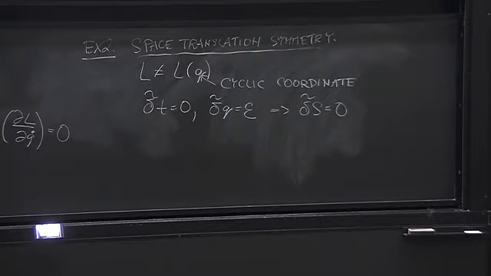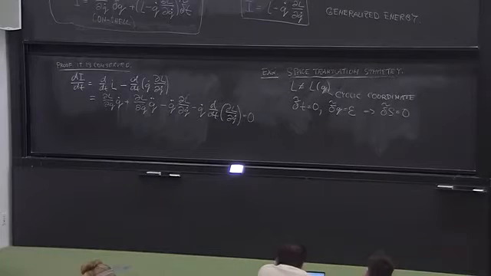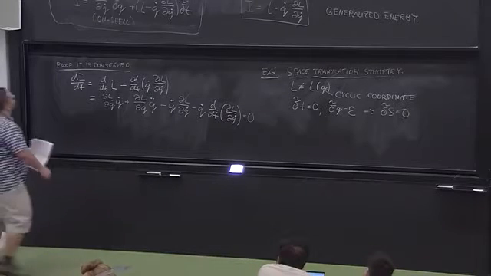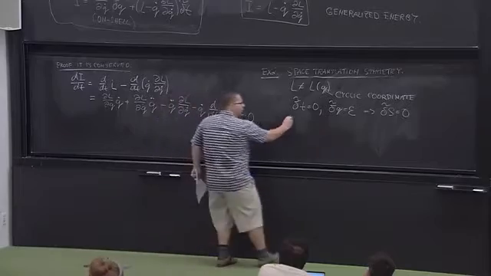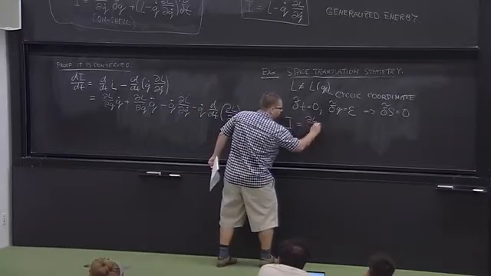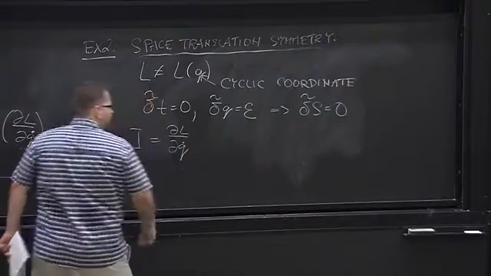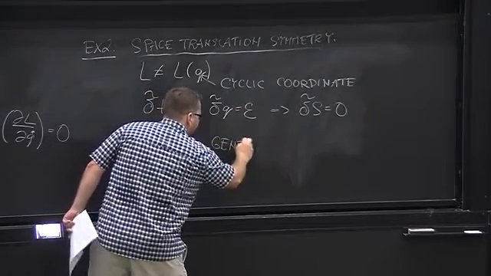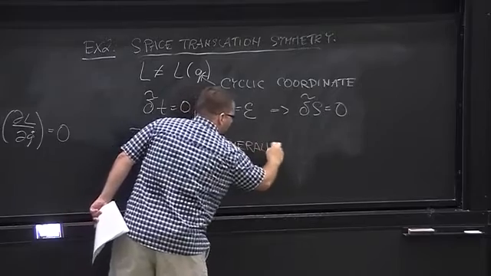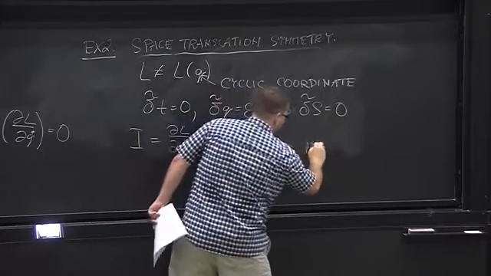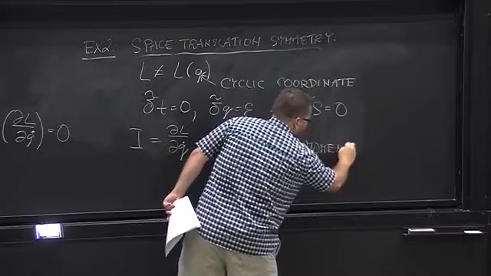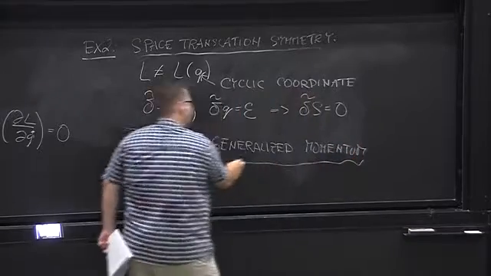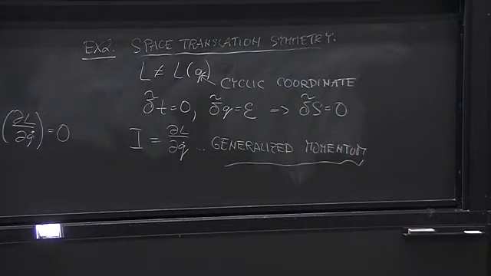Now if I use my general procedure here, delta t tilde is 0, so ∂L/∂q dot is conserved, and it's called the generalized momentum. This is actually obvious from the Euler-Lagrange equations.